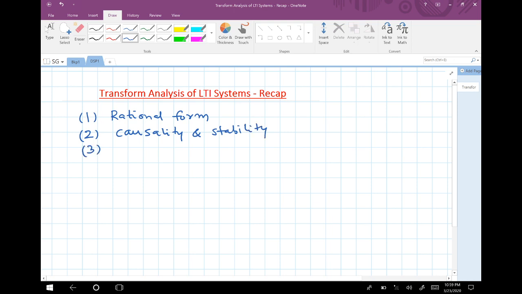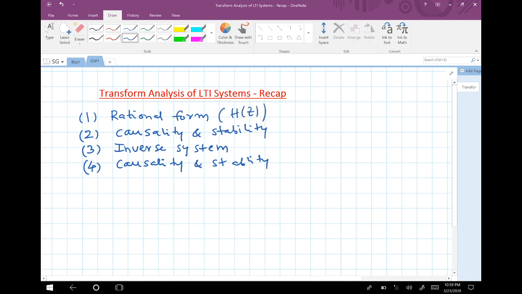And after that, I would talk about the inverse systems, and then the causality and stability of those inverse systems. Let it be H of z.